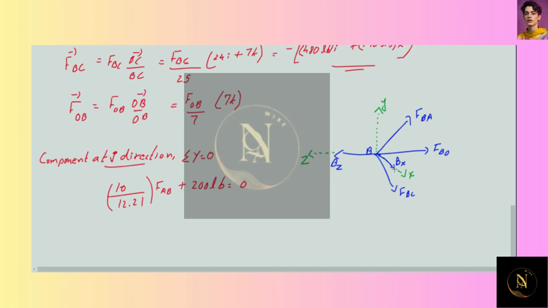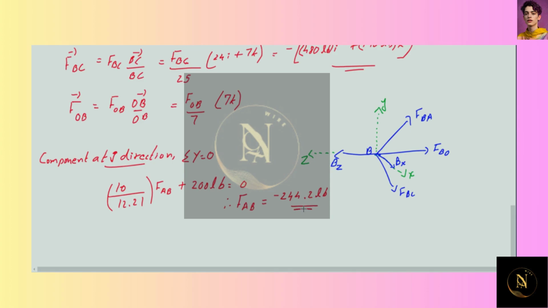So this gives us FAB. Therefore, FAB will be equal to minus 244.2 lb.